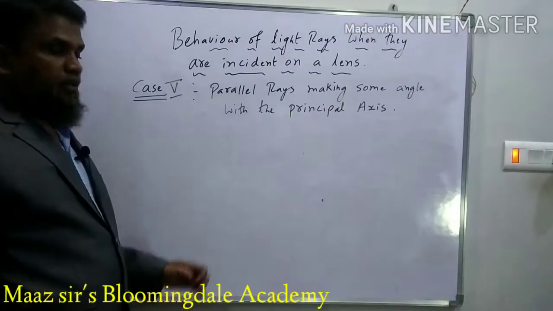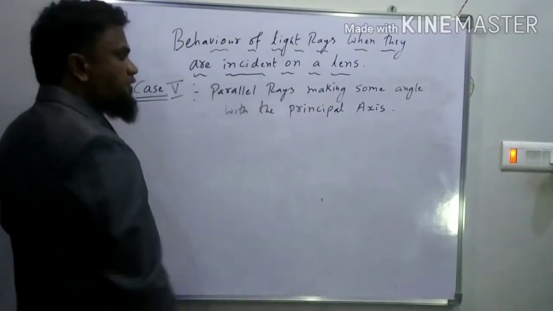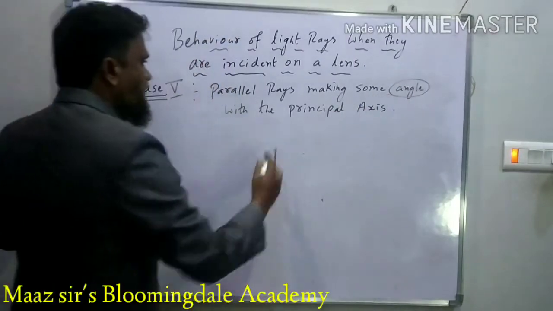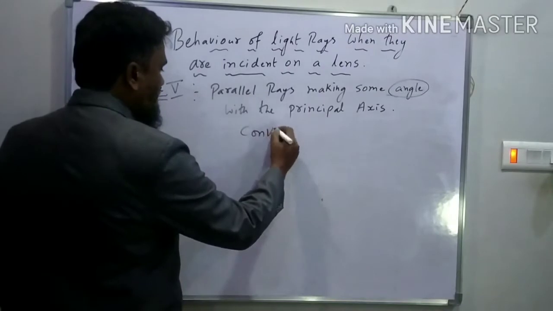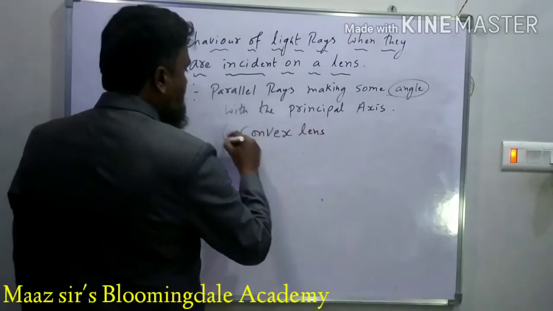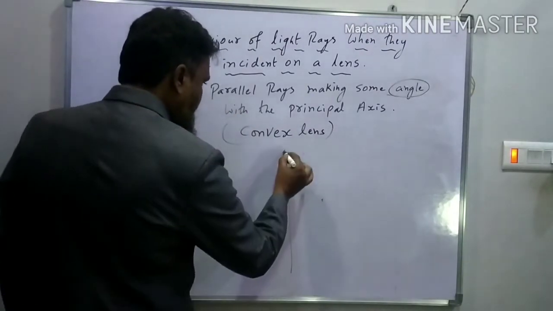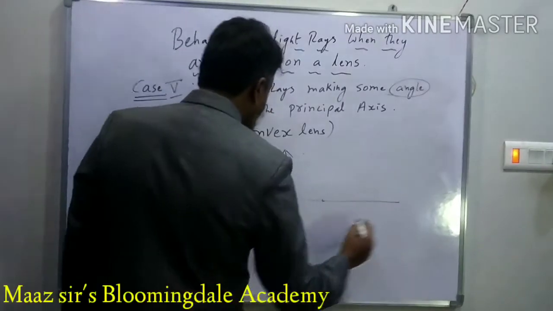So students, now let us see case 5. Parallel rays are making some angle with the principal axis. Now let us take the example of a convex lens. So this is the convex lens.